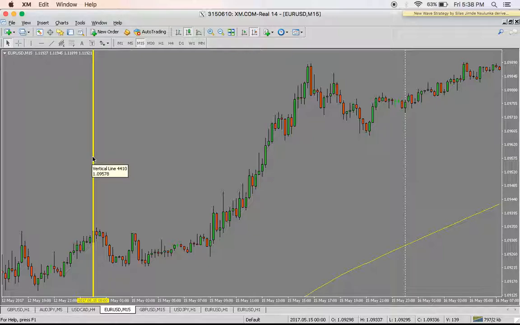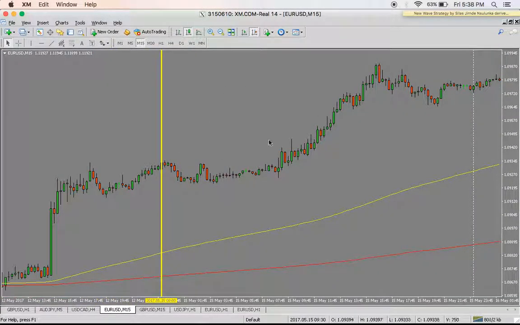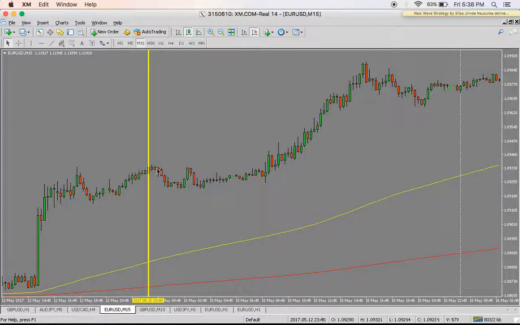Before I even get to how the strategy works, let me go through a basic overview of how the forex market moves. By default, all the market does is make new highs and new lows, right? For example, at this time, this was the highest point the market reached, and this was the lowest.